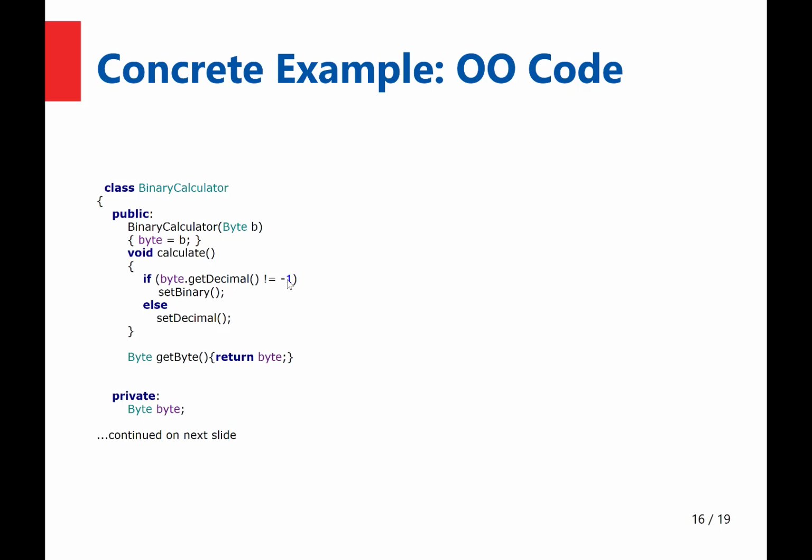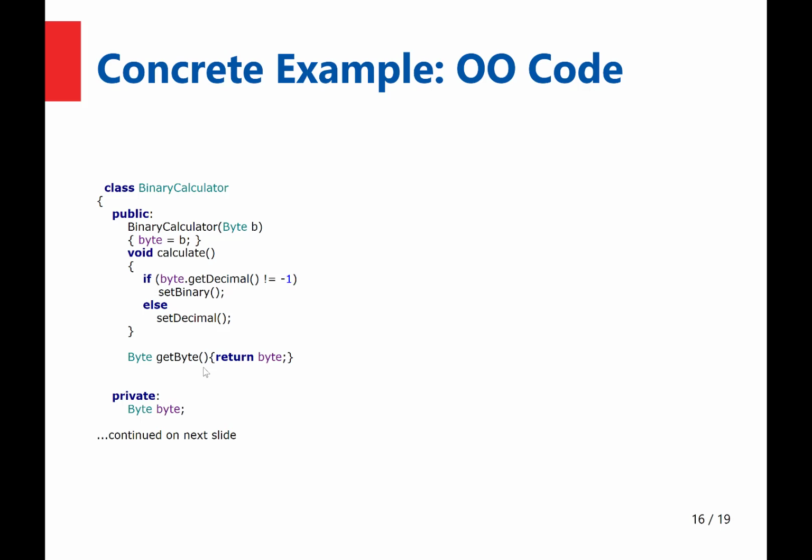If it does, then we want to set binary. Otherwise, we want to set decimal. And I'll talk about this example in class a lot more than I am now. And then we have get byte, right?